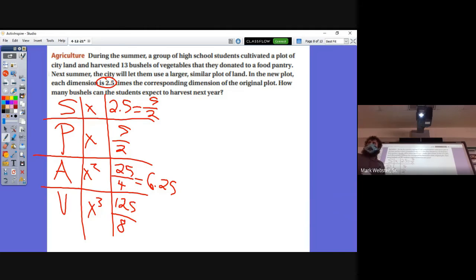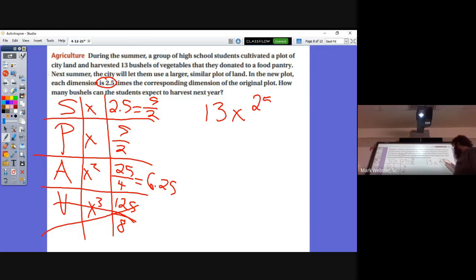So even though vegetables does start with a V, we are not using this one. We're using area. So we're going to say, all right, last year did 13 bushels of vegetables. So let's figure out what our crop is going to maybe look like for this next year.